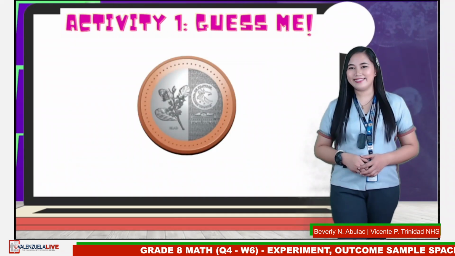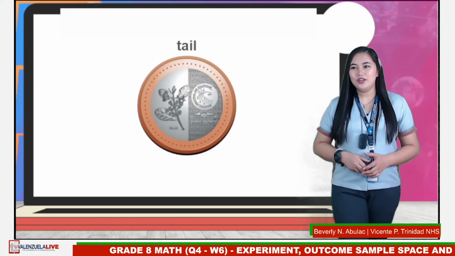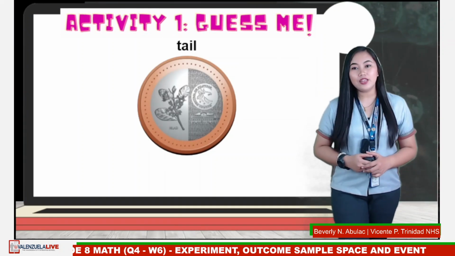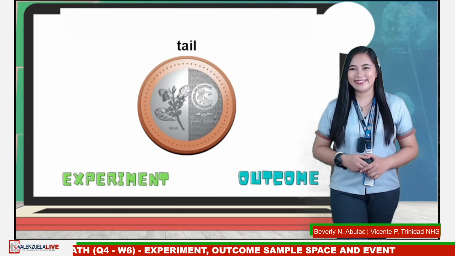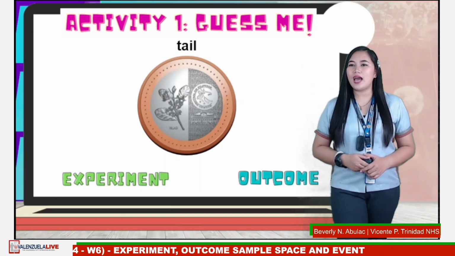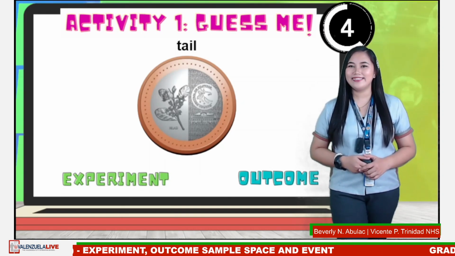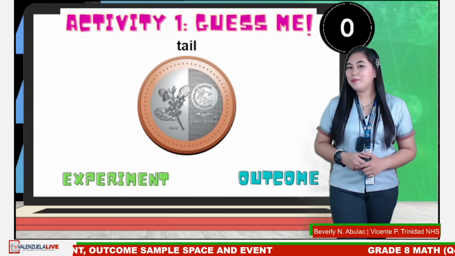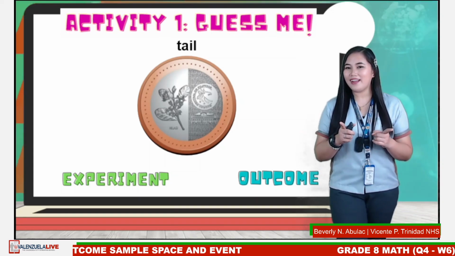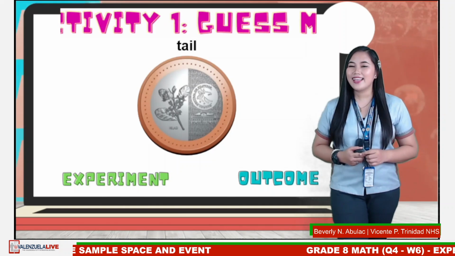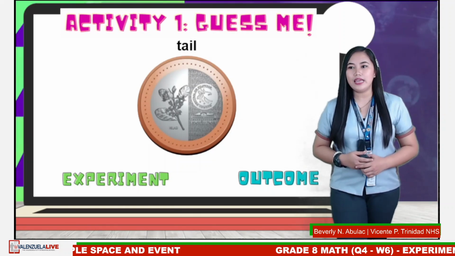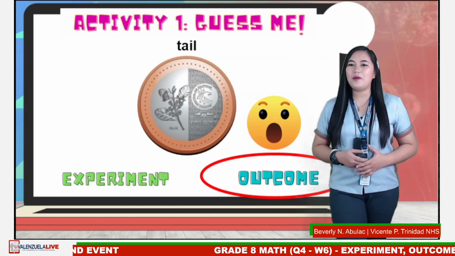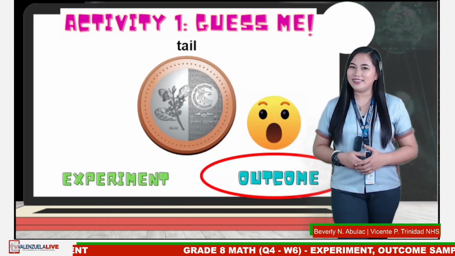Next. Number 4. A tail. Is it an experiment or an outcome? 5 seconds, timer starts now. Time's up. Are you done pressing the correct react button? Correct. The answer is outcome. Therefore, you should be able to press the wow react button.